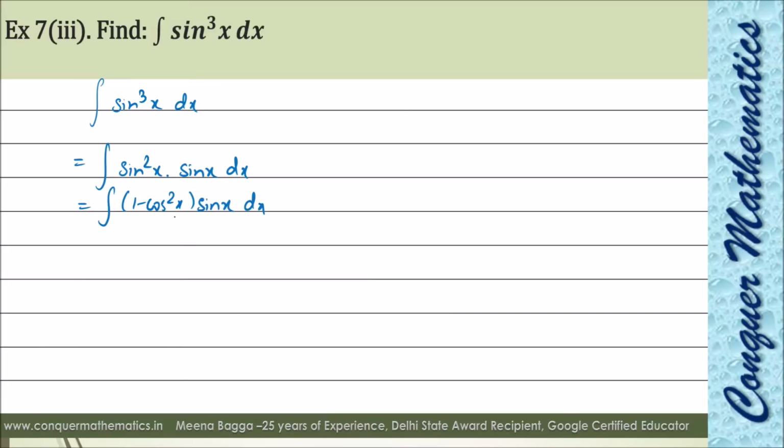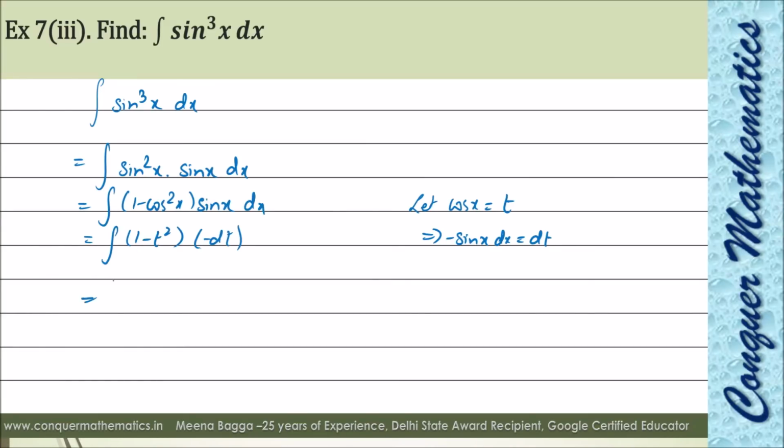Now you can easily see you have used the formula, but you are to substitute now. Substitute cos x is equal to t. That means minus sin x dx will be dt, so sin x dx will be minus dt. That means this integral will change to 1 minus t square into minus dt.